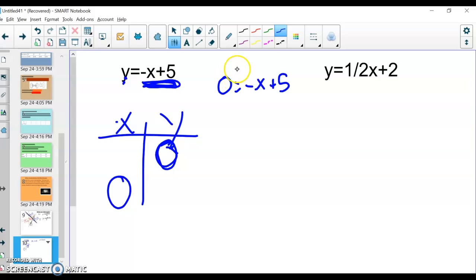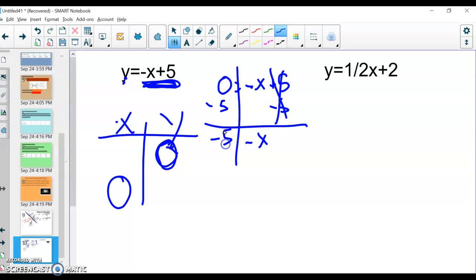Now solve this like an equation. I'm going to do minus 5 on both sides to get rid of it. So now I have negative x here, and negative 5 over here. I want to get rid of this negative on this side, which means I get rid of the negative on this side. So x here then is 5.